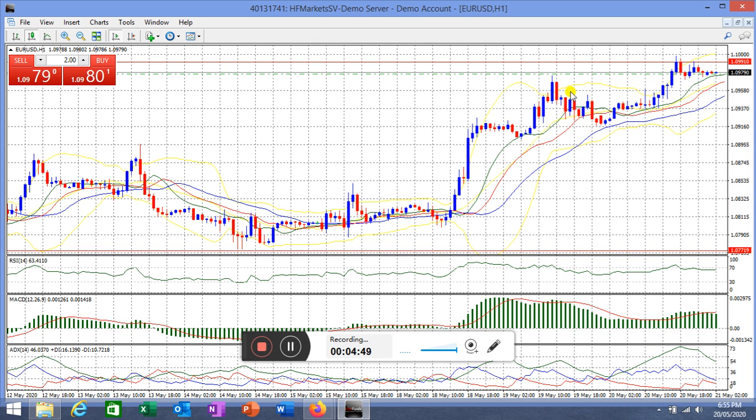Also, if you are going to use the alligator, you could wait until it cuts the green line. It's a possibility that you could use that, right?